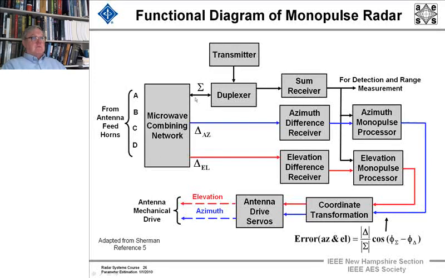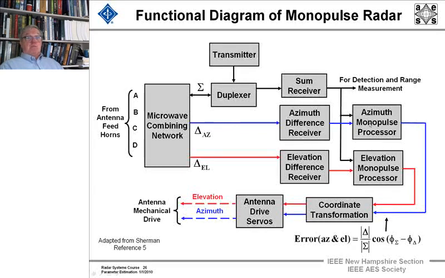And that's going to output a sum, the delta azimuth and the delta elevation. And they will go into an azimuth difference receiver, an elevation difference receiver, and a sum receiver.